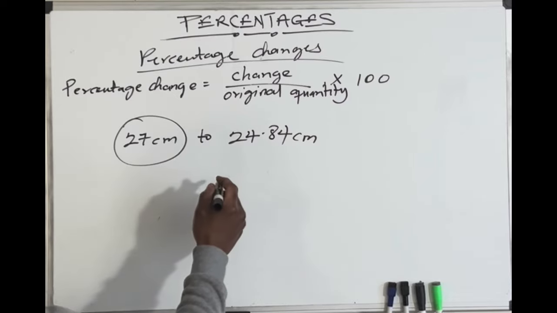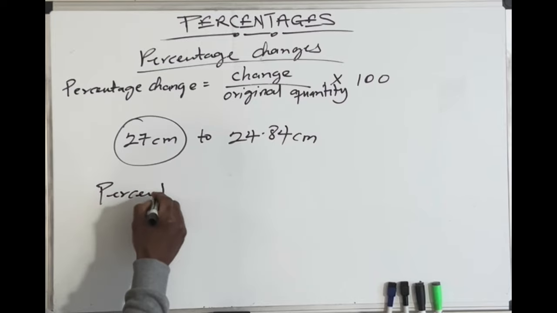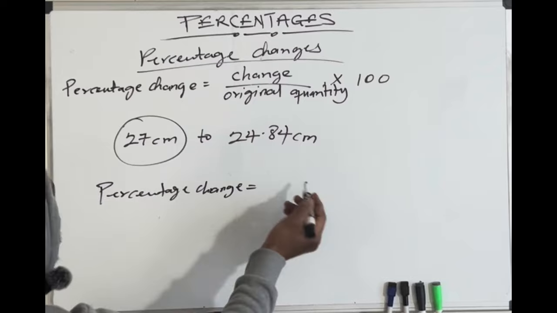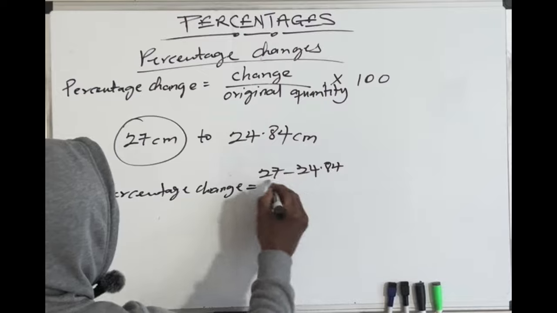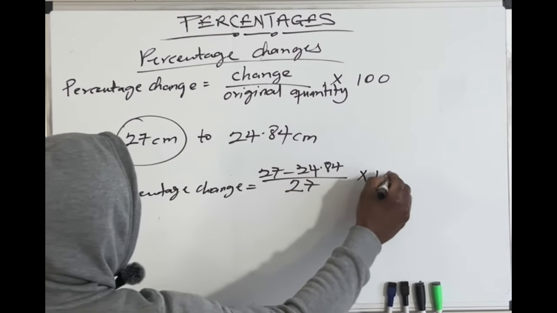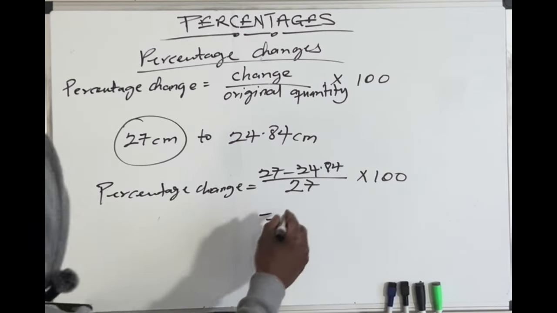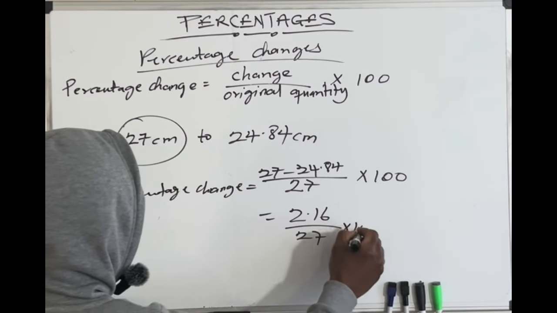So let's try to do something. Find percentage change is equal to 27 minus 24.84 all over the original quantity 27 times 100. So 27 minus 24.84 gives 2.16 over 27 times 100.